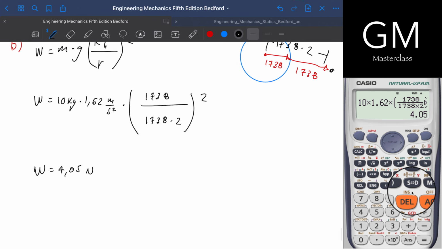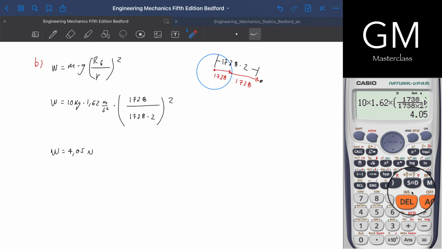Why is that? Because here I have kilometers, and there I have kilometers that are going to be eliminated because of the division, and here I have kilograms multiplied by meters divided by square seconds, so this is the same thing as having a newton.